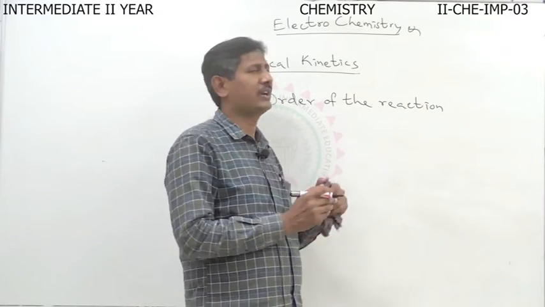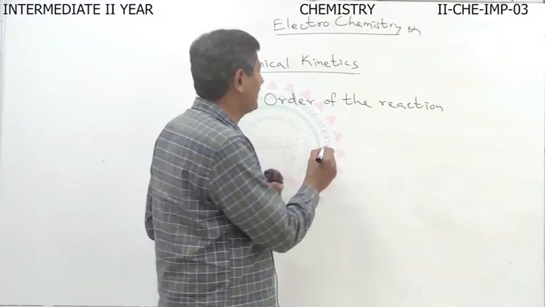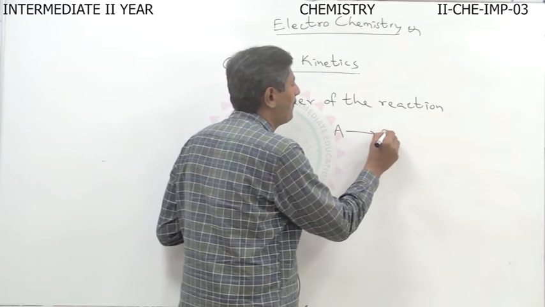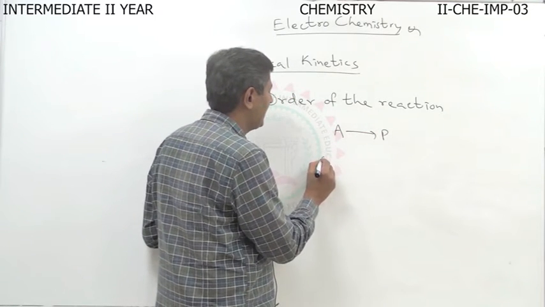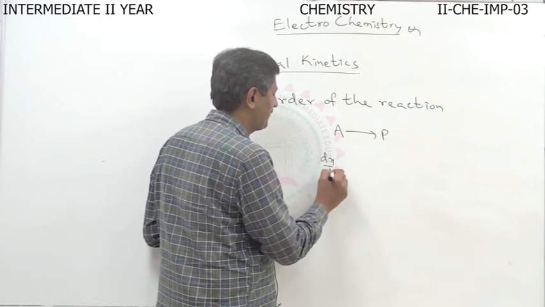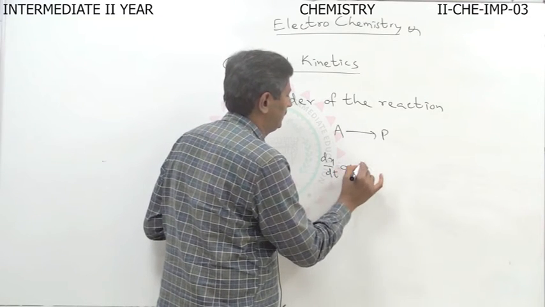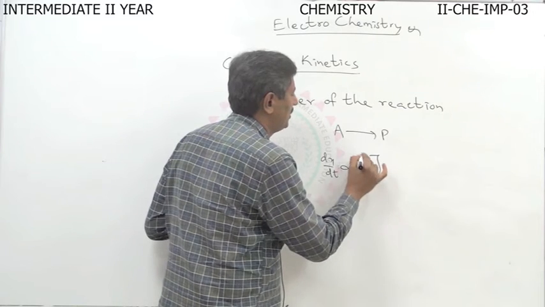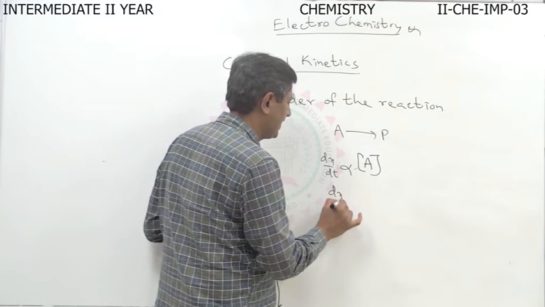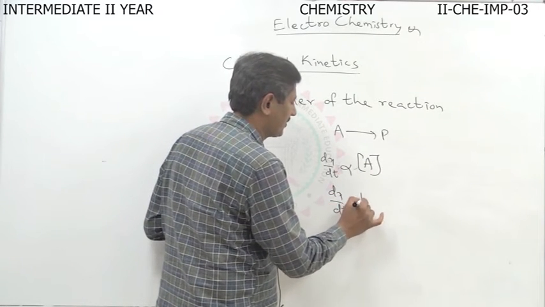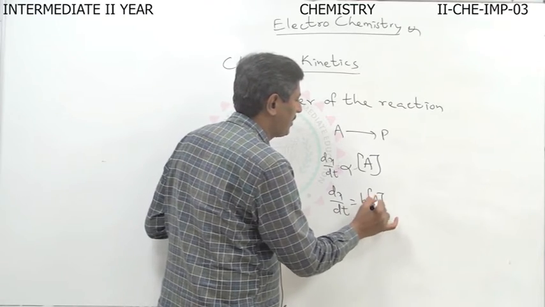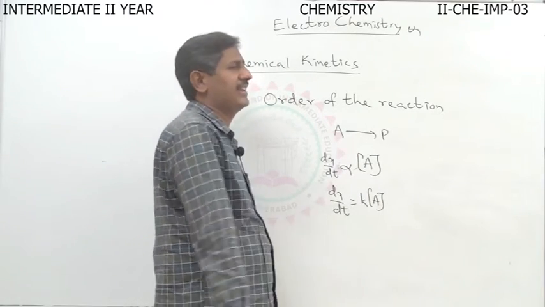So for example, A to form products, here dx by dt is some constant into the concentration of A. Here the power is 1, so therefore the order of the reaction is 1.